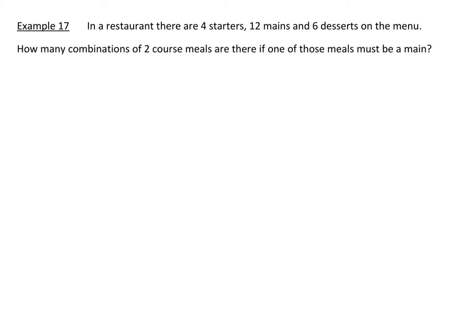Example 17: in a restaurant there are 4 starters, 12 mains and 6 desserts. How many combinations of 2-course meals are there if one of those must be a main? So we need to look at the combinations of a starter and a main, because that's going to be one option, and the other set of combinations is going to be a main and a dessert.